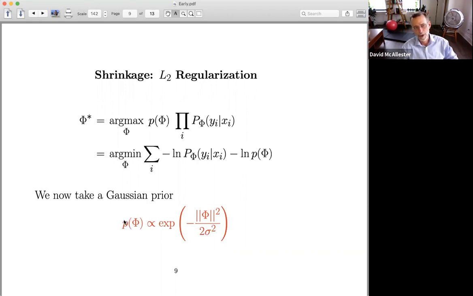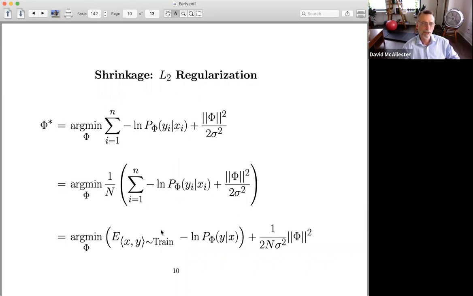So we're going to take the prior probability to be proportional to the exponentiation of the norm of the parameter vector squared divided by 2 sigma squared. Okay, so this is a Gaussian prior, a Gaussian distribution on this. Now, this is going to have some constant of proportionality that's going to disappear.